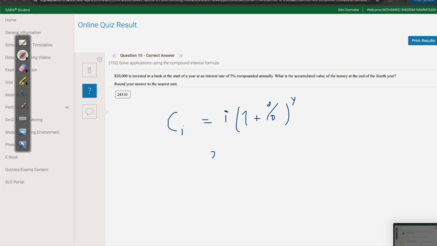So what we're gonna do is 20,000 times 1 plus 5%, which is 0.05, all of that to the power of 4, you're going to get 24310.125. Rounded to the nearest unit, you're gonna get 24310.